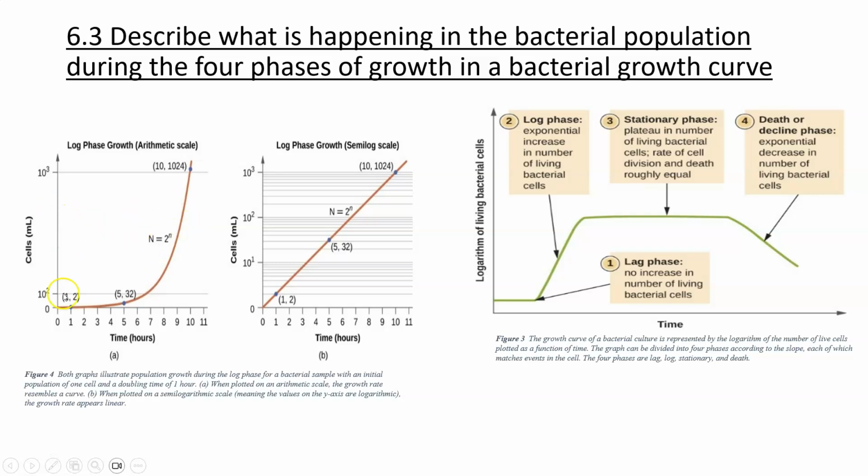Here is a graph that just has time versus number of cells. And what you see is when I go from 1 cell to 2 cells and 2 to 4 and 4 to 8 and 8 to 16, it looks like I start growing kind of slowly at first.